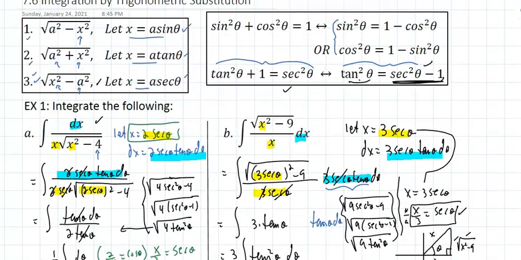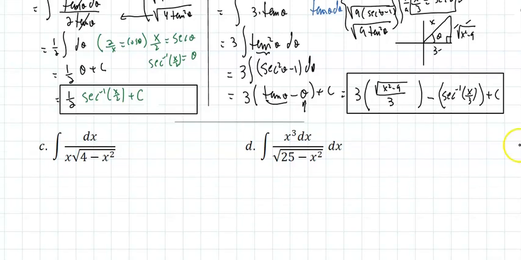According to the first rule, I let x equal A the sine of theta. So here I would say, let x equal A, what do you square to get 4? 2 the sine of theta. And the dx would be twice the cosine of theta d theta.